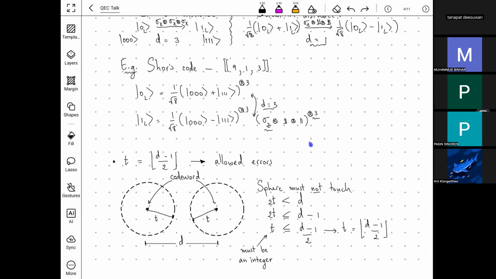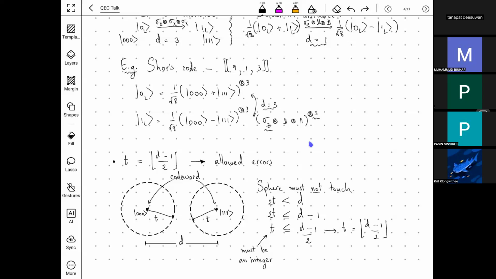And why might that be, you might say? You can imagine that you have two or more code words. Here I've just drawn 2, and this code word can represent 0, 0, 0, or 1, 1, 1 right here. And the distance between them is d.